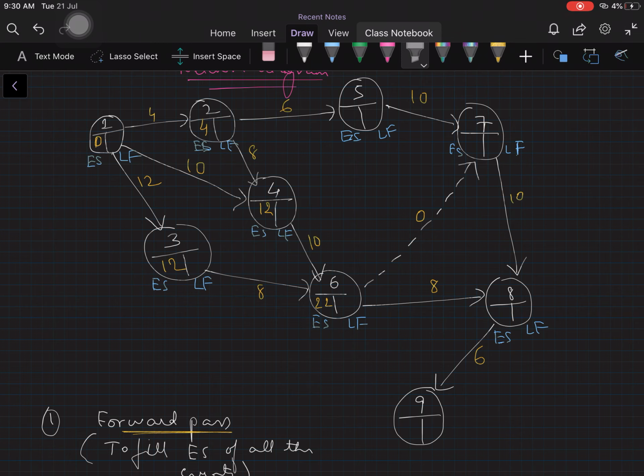We have 4 plus 6 gives us 10, and then 10 plus 10 gives us 20. Now 10 plus 10 gives us 20, and 22 plus 0 gives us 22. So between 20 and 22, we will be picking the highest value, so we write 22.